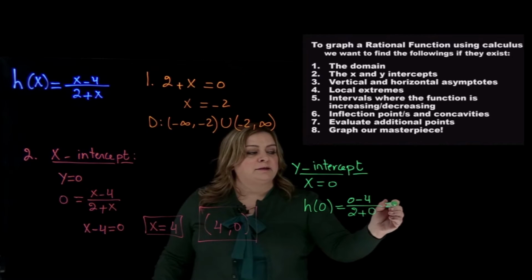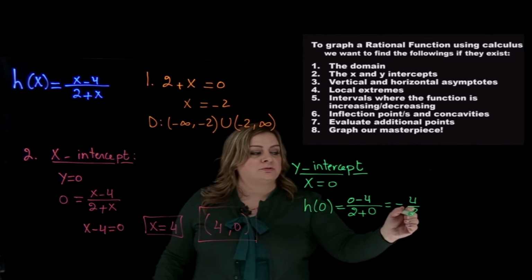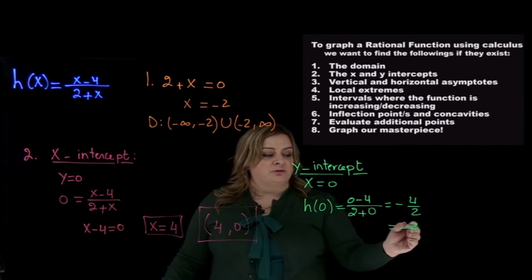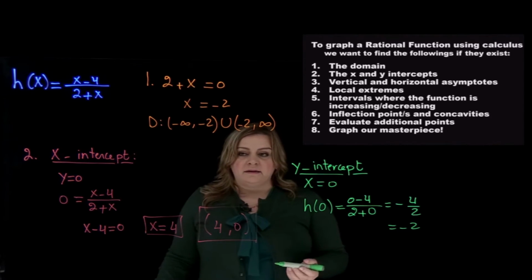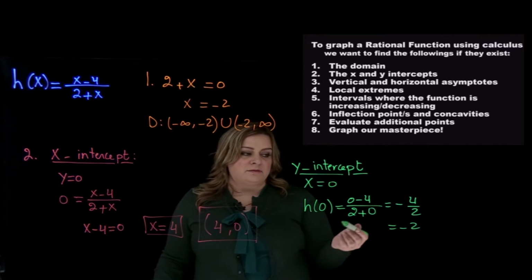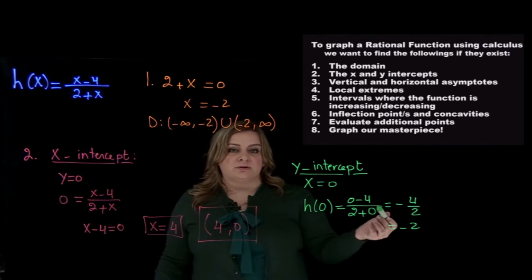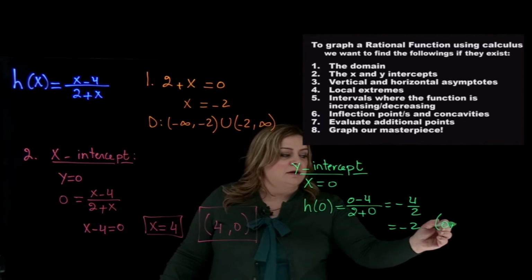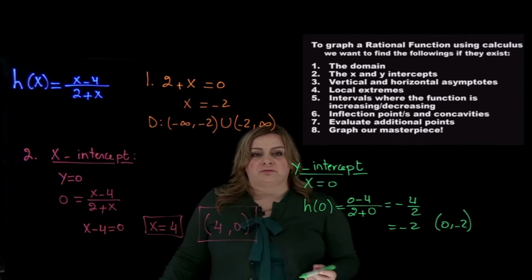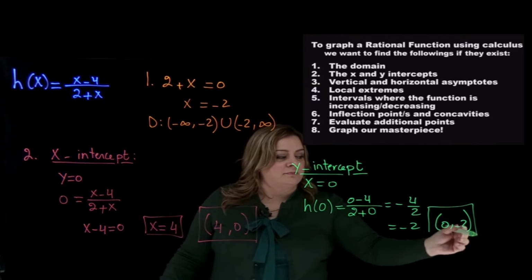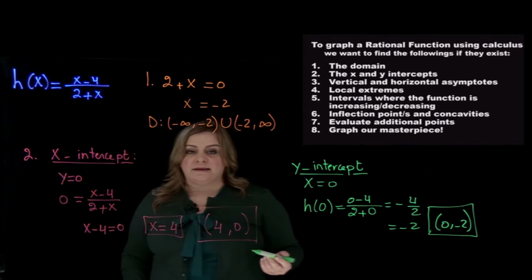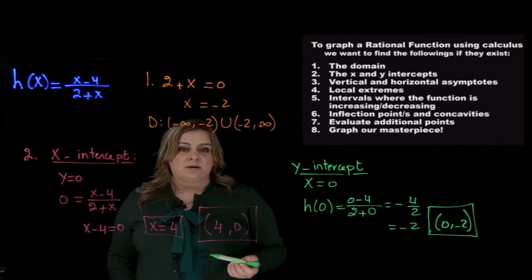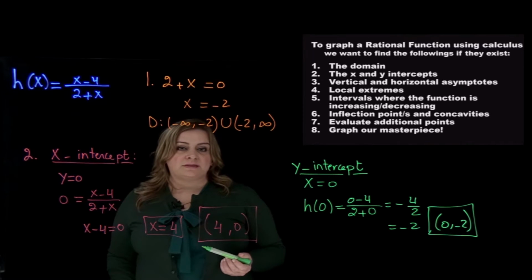This should give me -4 over 2, and this is going to be -2. Again, the y-intercept is a point, and I want to represent my answer as a point. So I let x be 0, and I found that y is -2. I'm collecting data so I can use it later to graph. I'm done with steps 1 and 2, and I'll move now to step 3.